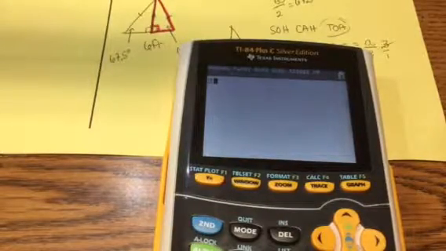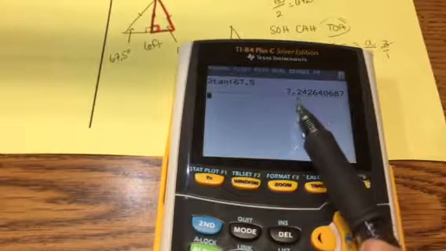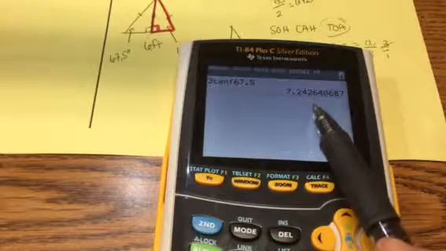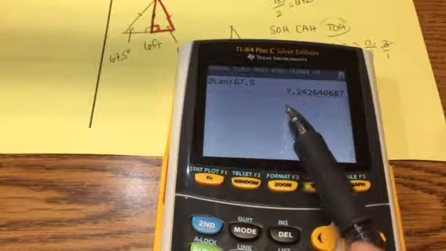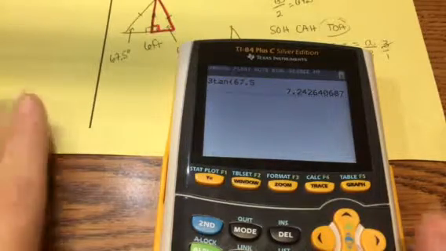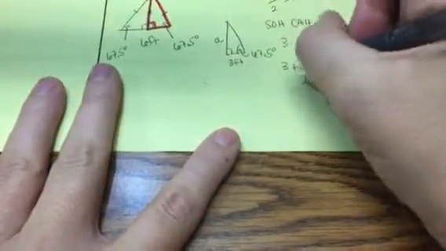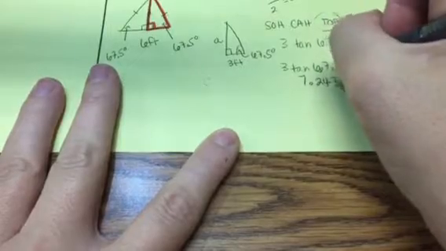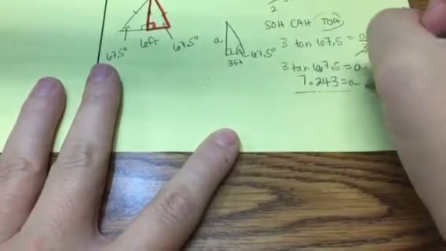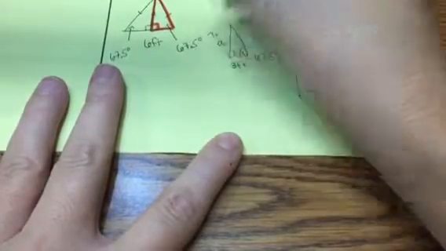And we're going to type in 3 tan 67.5, and we should get 7.243. All right, so that's going to be the length of our apothem. So we're almost there, we don't know the area yet, but we know how long this is.